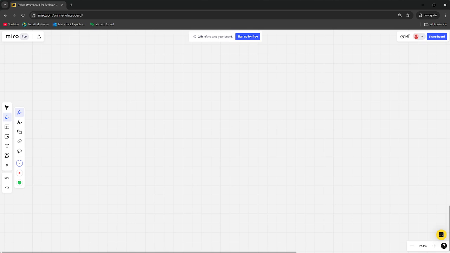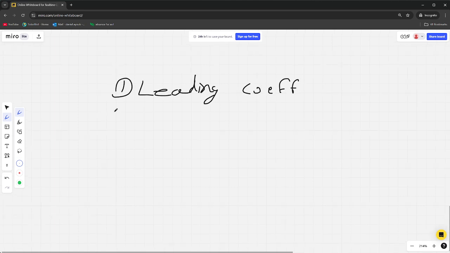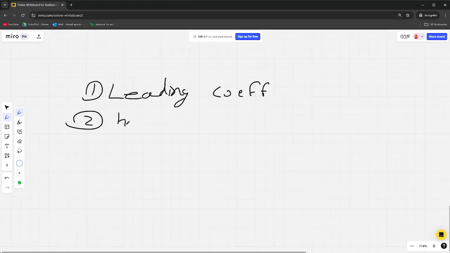When we're looking at the general formation of functions, there's two things we want to look for that really matter. One is your leading coefficient, and two is your highest exponent.